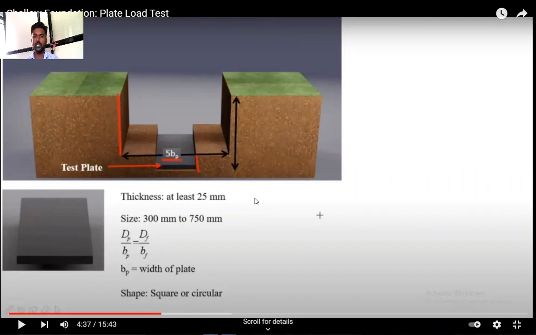Shape of the plate may be square or may be circular, depending on the shape of the foundation. If the foundation is circular, your test plate should be in circular shape.